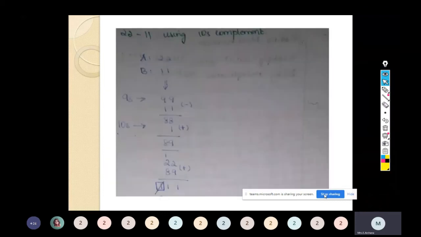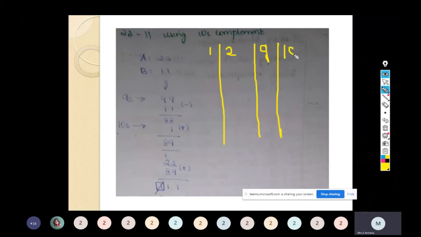Yes, let me summarize by having a table like this. So 1's complement, 2's complement, 9's complement, 10's complement, right? What is step 1 for all of them? Step 1.